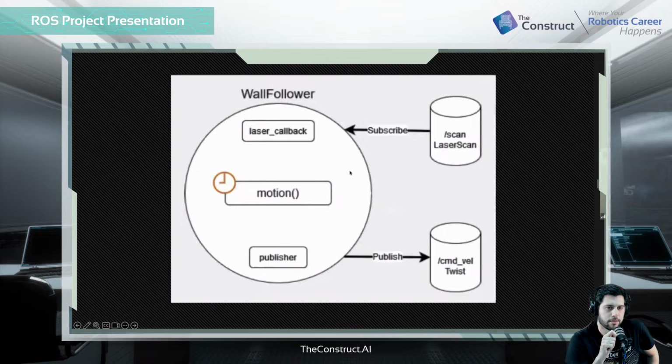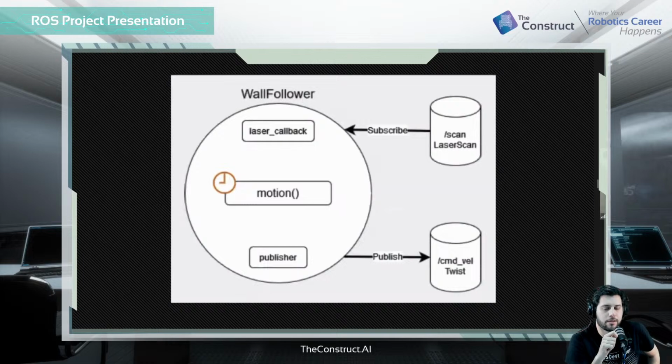As you can see, this is our wall follower program, and it is subscribing to the laser scan topic over here. The laser callback is subscribing to this topic. From here, it gets the readings of the environment using the laser, basically the walls and other obstacles. And over here, this is the motion function that I've defined in our program, which has the logic that I explained in the previous slide.